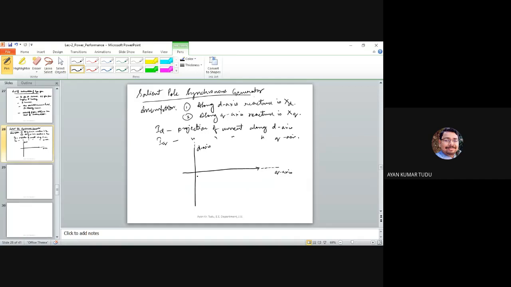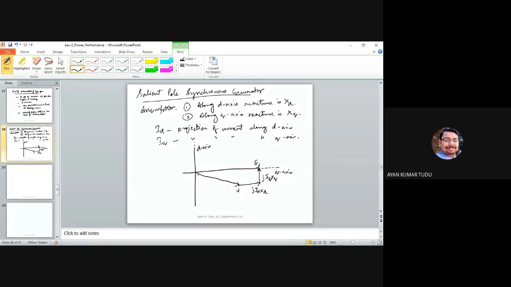This is the voltage V. This is our jIdXd, and this is our jIqXq, and this is our E, the no load EMF.